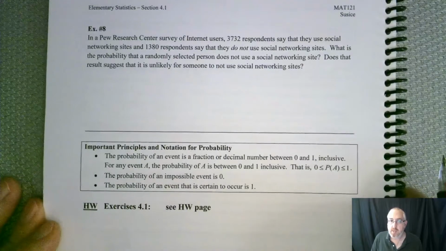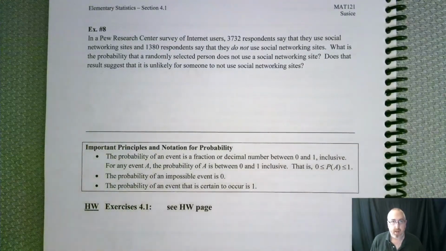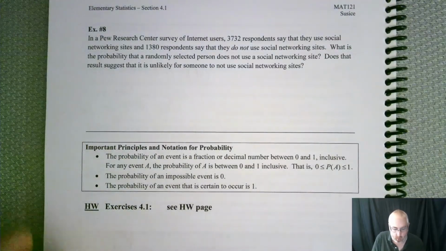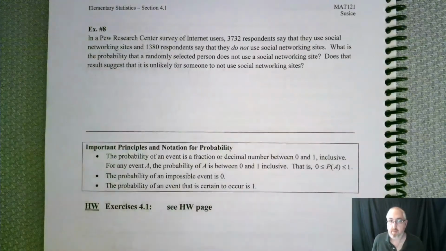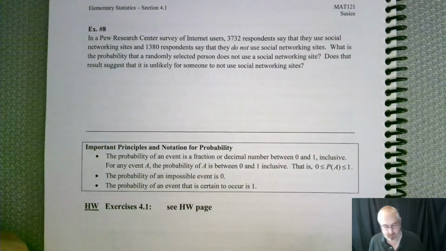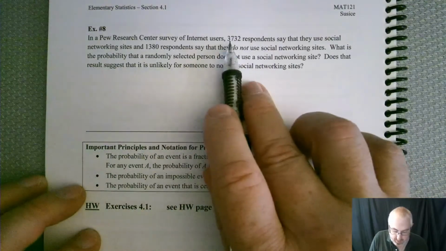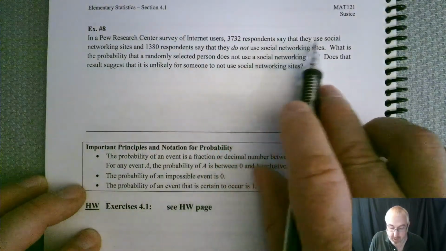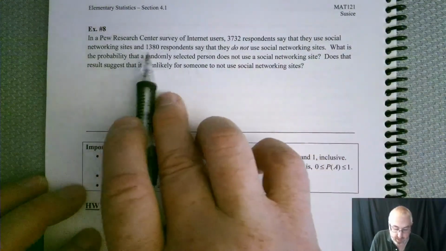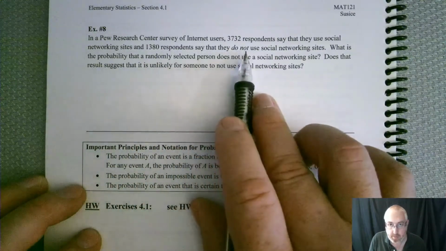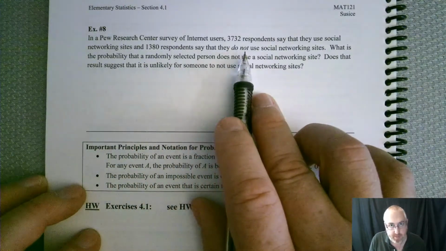Okay, so now this one's a little bit tricky, because your gut is wanting to say, oh, I just need to divide these two numbers and I got my answer, right? Be very, very careful. That is not right. You want to look at it again. 3,732 respondents say that they use it. 1,380 respondents say they don't use it. So what's our sample size?